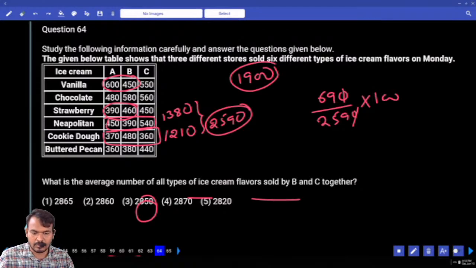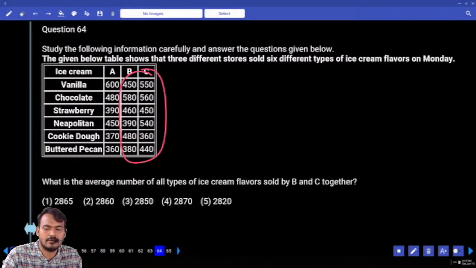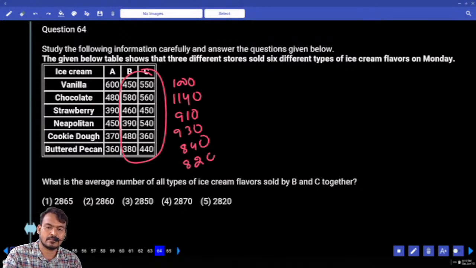Question number 64. What is the average number of all the types of ice cream flavors sold by B and C together? B and C, all the values: 450 plus 550, 1000, 580 plus 560, 1140, 460 plus 450, 910, 390 plus 540, 930, 480 plus 360, 840, 380 plus 440, 820.